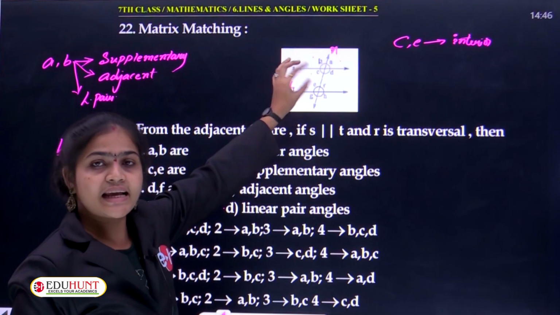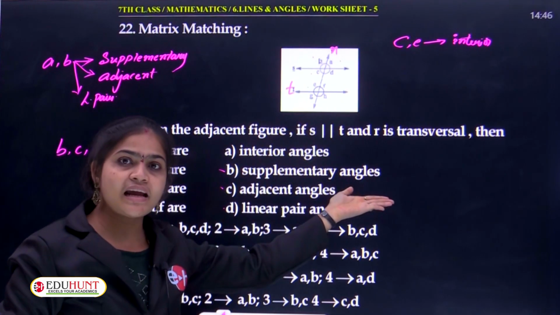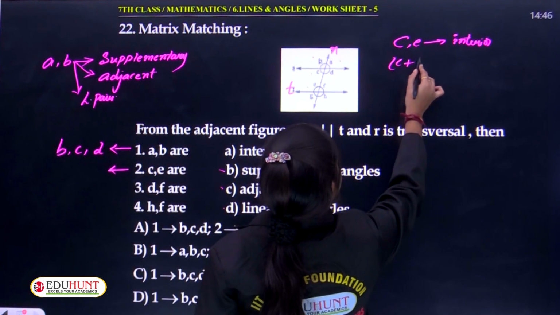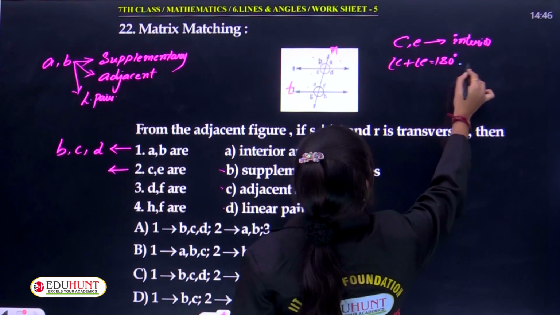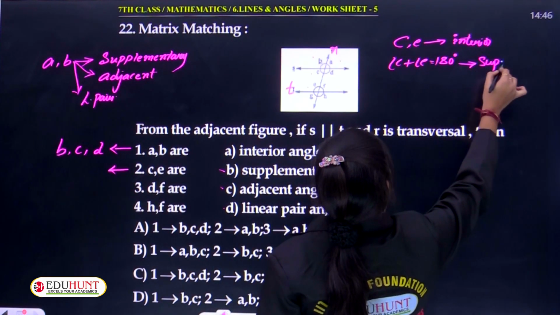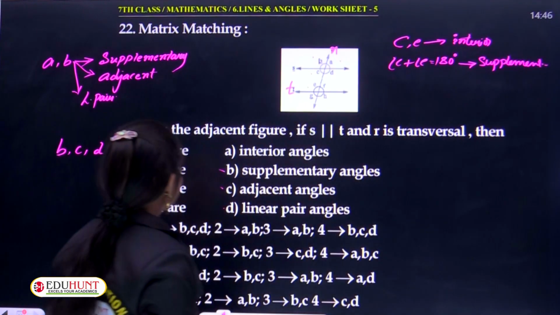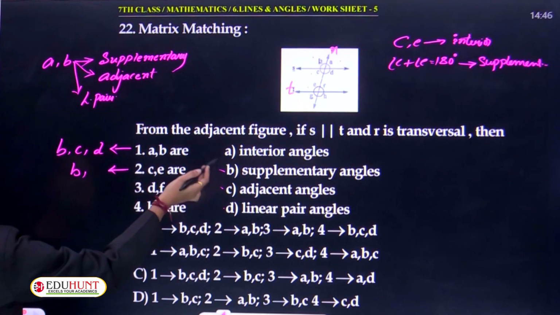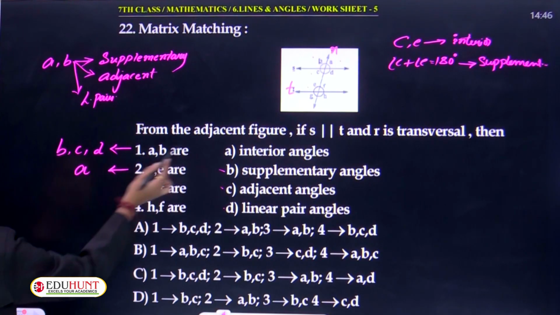The sum of co-interior angles is equal to 180 degrees. 180 degrees means those two are supplementary angles or not? Yes, of course. Angle C plus angle E is equal to 180 degrees. That's why supplementary also. So C and E are supplementary angles, and in the same way those two are interior angles also.